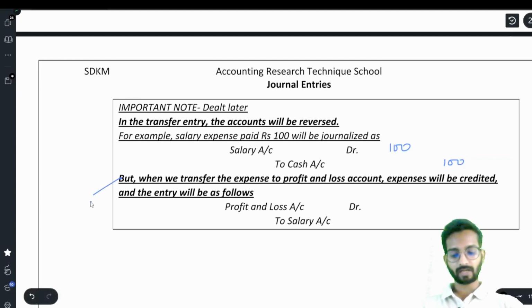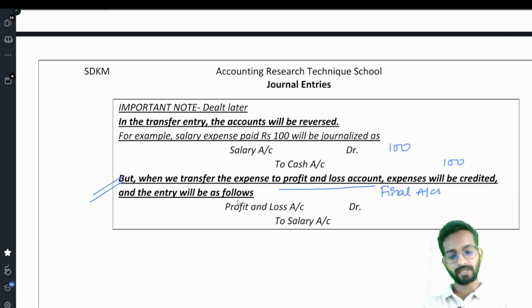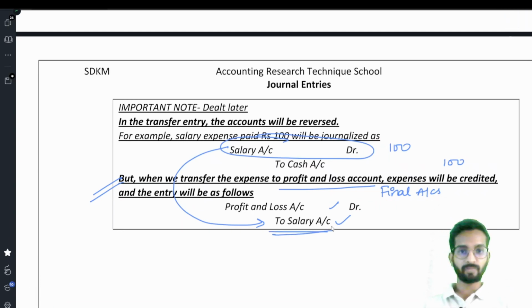But when we transfer the expense to profit and loss account, this we will learn in the final accounts chapter, expenses will be credited and the entry will be as follows. P&L account debit to salary. It means which expense got debited earlier, that expense will be credited again.